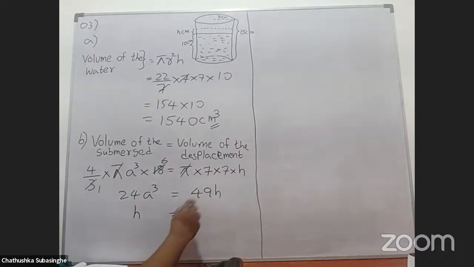So h equals 24 over 49 a cube. That's what we have to show. I took this 49 to the other side by using division. Right? This is very easy. I hope you understand this.